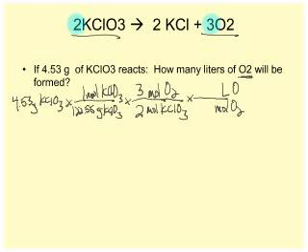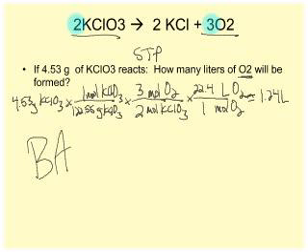It says how many liters? 22.4 liters equals 1 mole. And we'll assume we're at STP. That's it. Run it through my calculator now. 4.53 divided by 122.55 times 3 divided by 2 times 22.4 equals 1.24 liters.